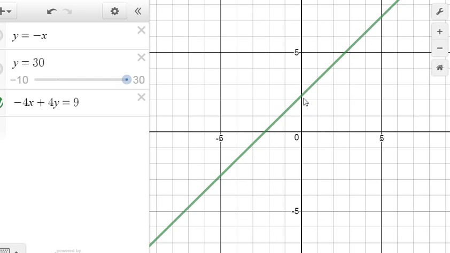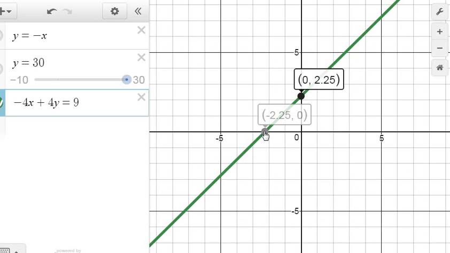That's looking pretty good. Let's ask it for a point here. There's our point. 0 and 2 1/4. So it actually matches our expectations pretty nicely. We're okay with those first 6 or so examples. Just asking you to find the slope and the y-intercept of a line.